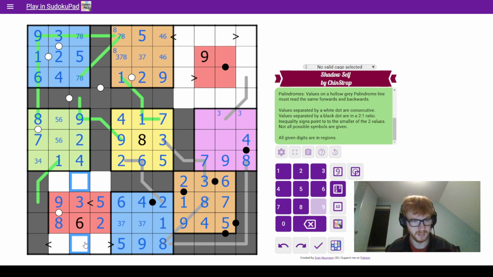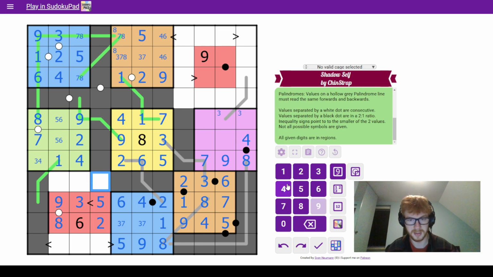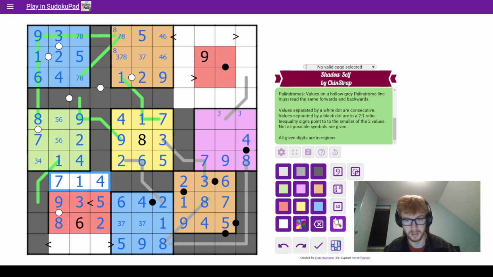So either one of these is 1. Either one of these is 7. So either one of these is 4. And that cannot be 4. So that's a 4, 1, and a 7, and all of that is red. And all of this is black.